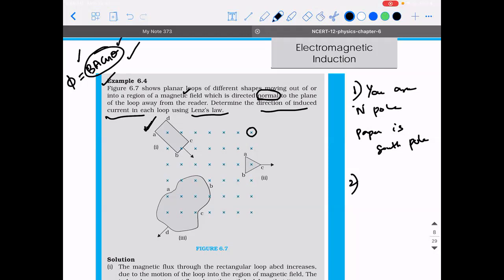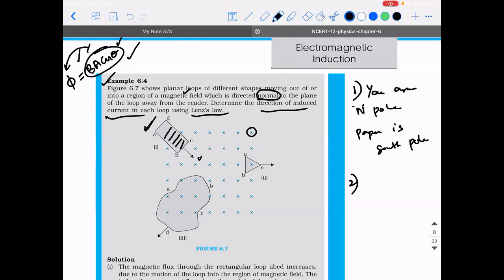But the flux in this case is changing because the object is given a velocity, so the area associated with the magnetic field is constantly changing. When the coil is entering the magnetic field, is the area increasing or decreasing? Increases, obvious, because more surface will get linked. So when area increases, flux will also increase.